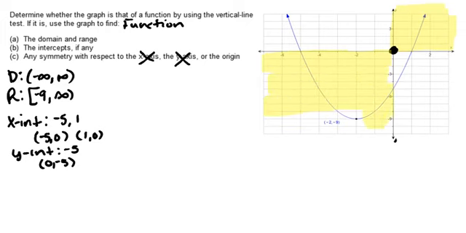So I'm highlighting quadrants 1 and 3 to see if they have a mirror image, and then highlighting quadrants 2 and 4 to see if they have a mirror image. And I can see that we don't have a mirror image in these quadrants.